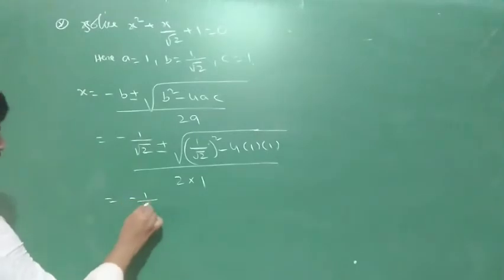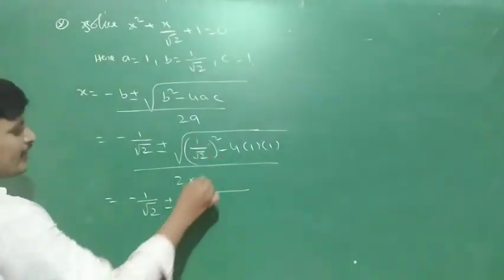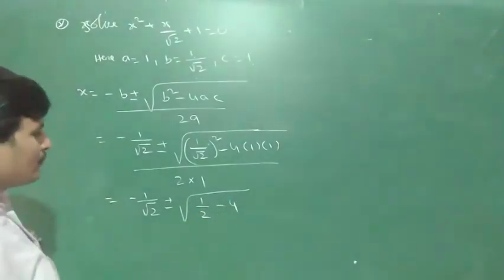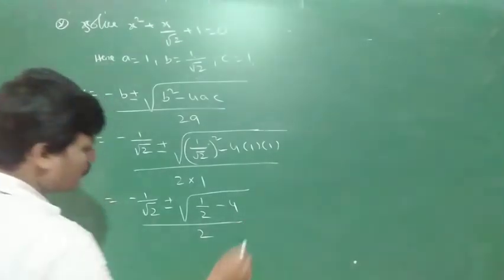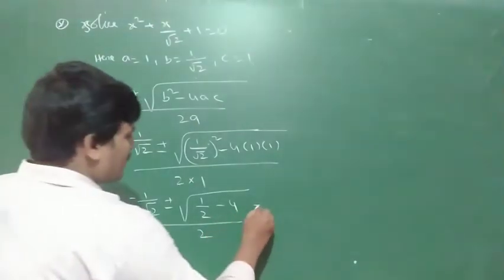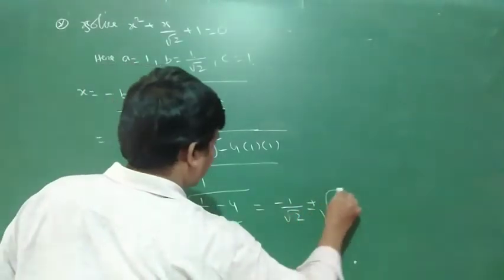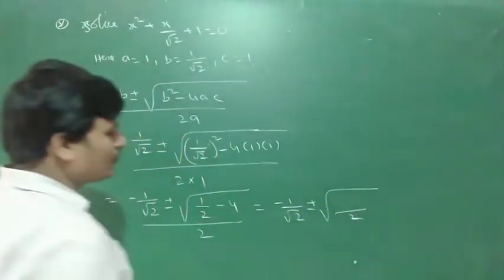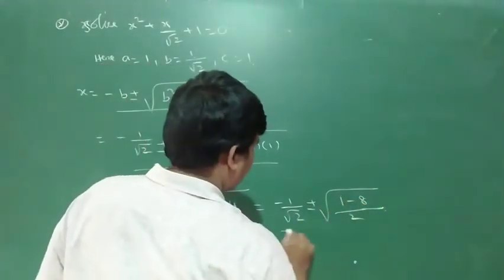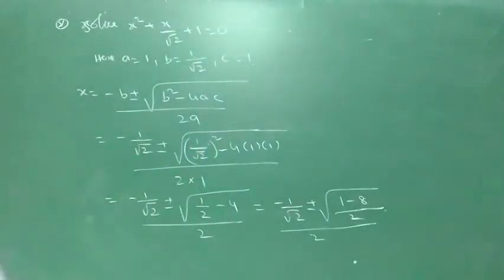So minus 1 by root 2 plus or minus root of 1 by root 2 whole square is 1 by 2, minus 4. Next, here in the root LCM is 2, 1 minus 8 by 2.